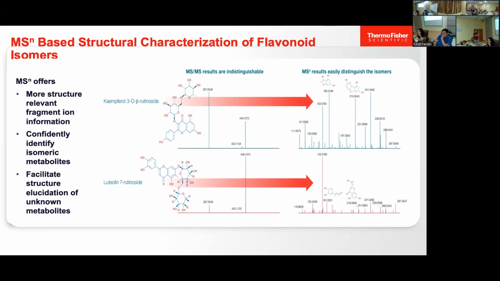So at MS3 level, you are able to differentiate these two compounds better. It also helps you to elucidate the unknown metabolite. Metabolite means that after this compound is consumed in our body, how it's going to metabolize to other compounds. Okay, next.